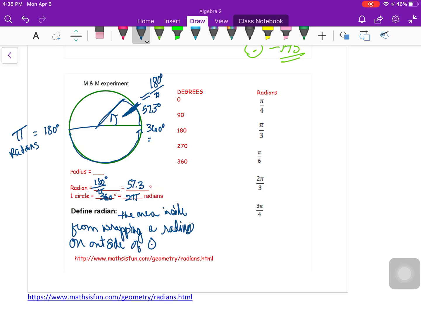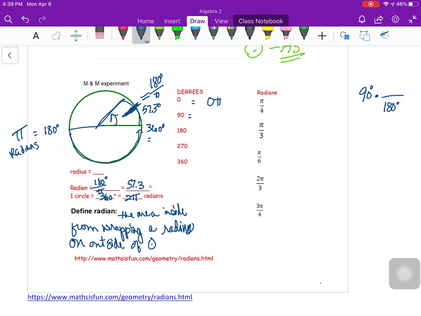So let's see if we can figure out how many radians certain degrees would be. 0 degrees is equal to 0 pi radians. 90 degrees, well, if I take my 90 degrees times my ratio, it's either 180 degrees over pi or pi over 180.